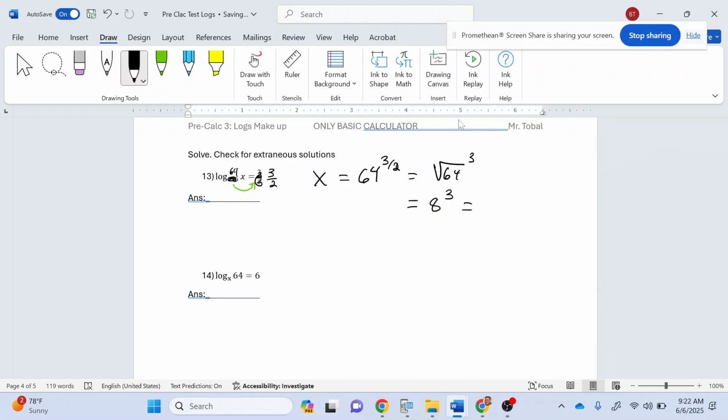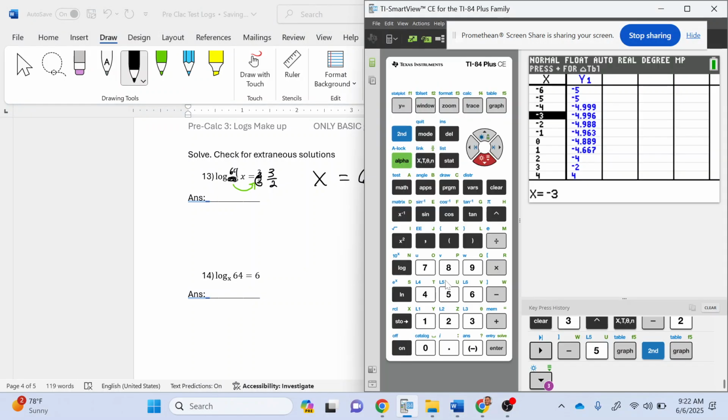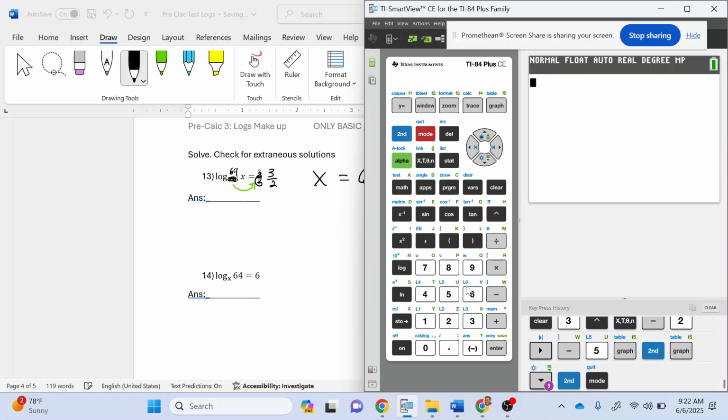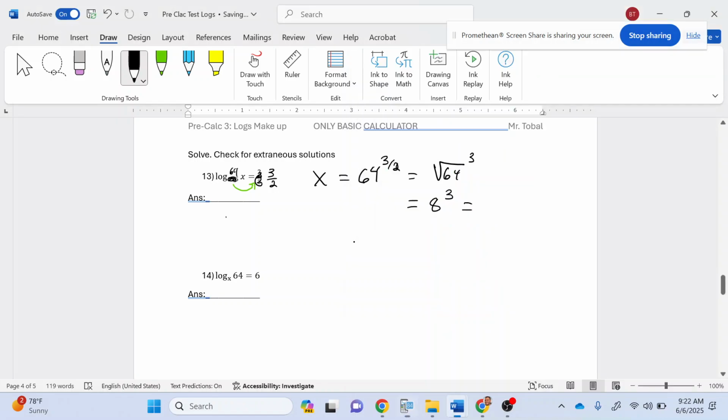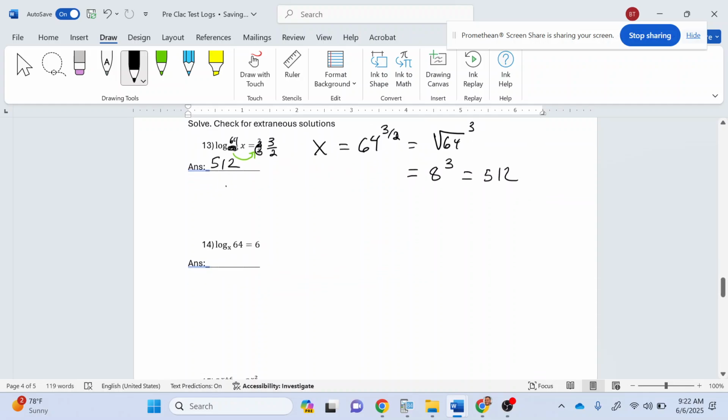You just press 64 to the 3 over 2 power. The calculator does everything. Yeah, 512. You could just use the calculator, guys.